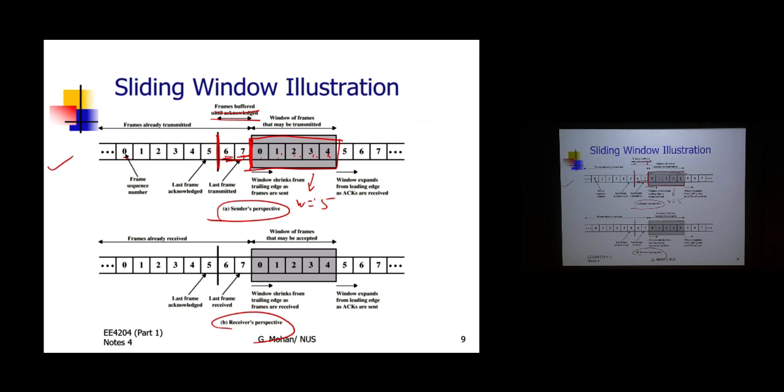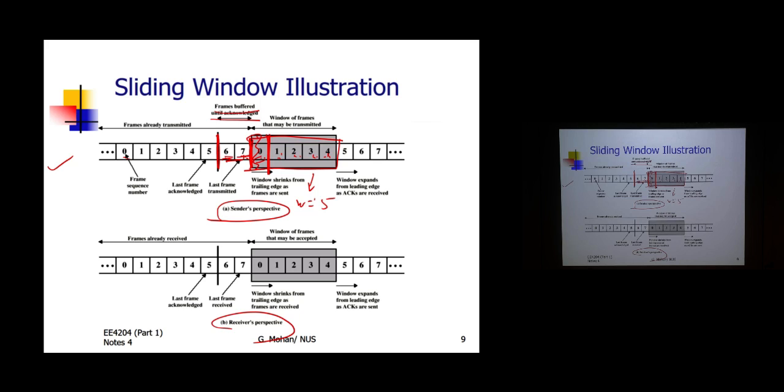Let's say a new frame is sent. What's the next frame to be sent? 0. If this frame is sent, then the window will shrink, something like this. That means it has sent out 6, 7, 0, no acknowledgement received, so it's permitted to send 1, 2, 3, 4.